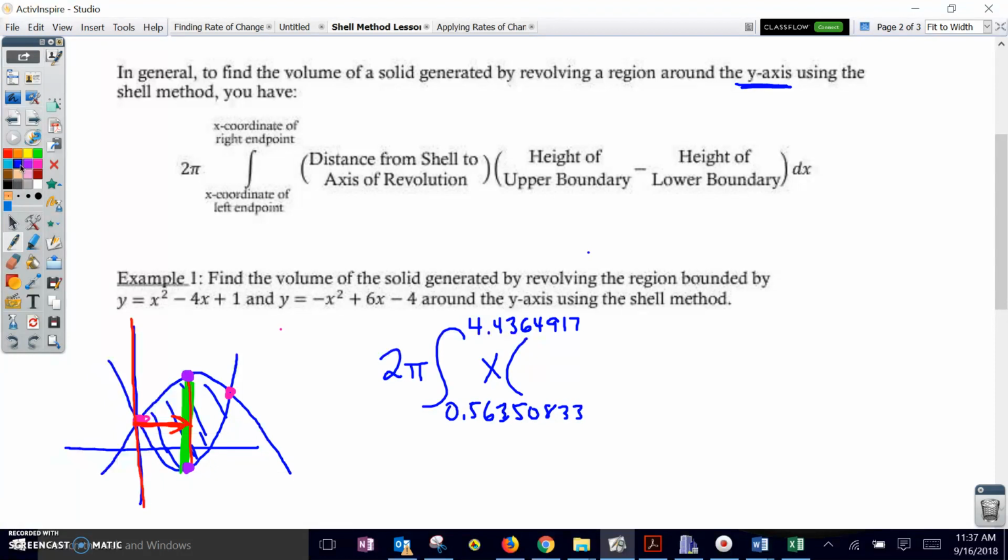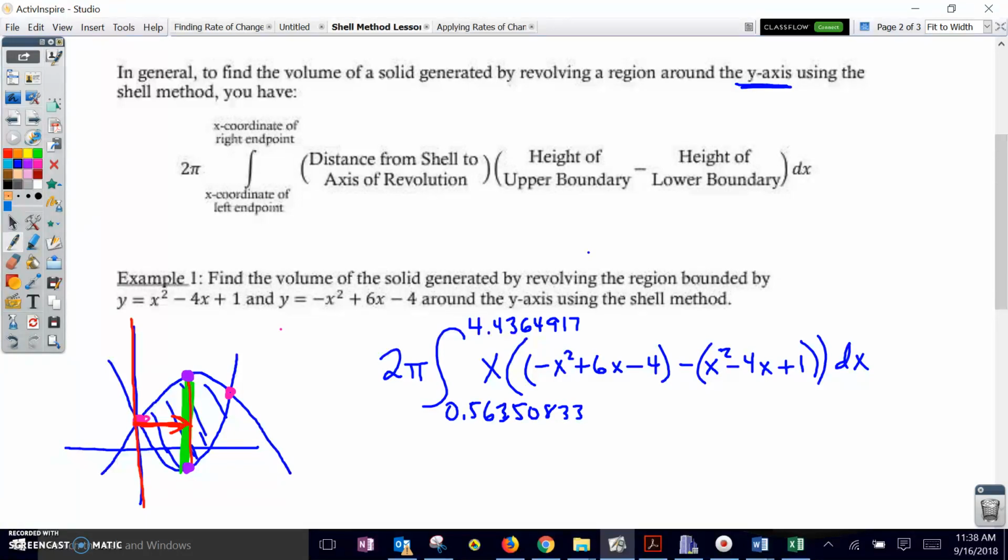And so all we're going to do is subtract the two curves. The one that opens down is the upper one in this particular problem. And so we're going to go ahead and subtract those two. And this is going to give us the volume of the solid when we revolve this region around the y-axis.